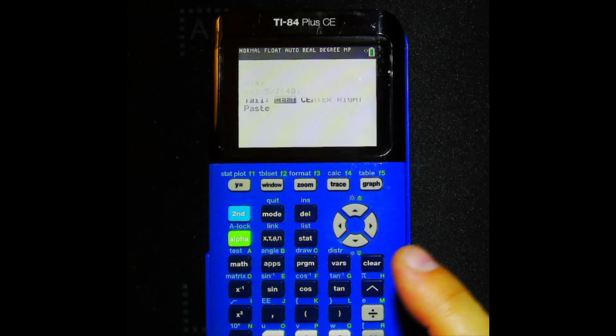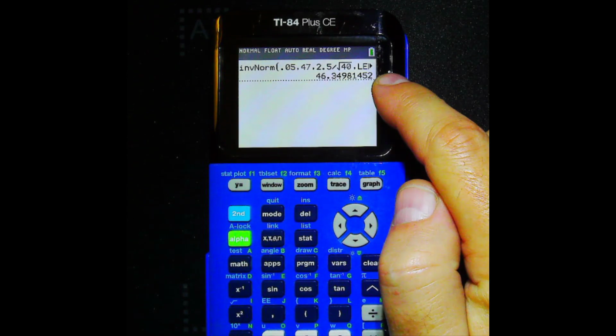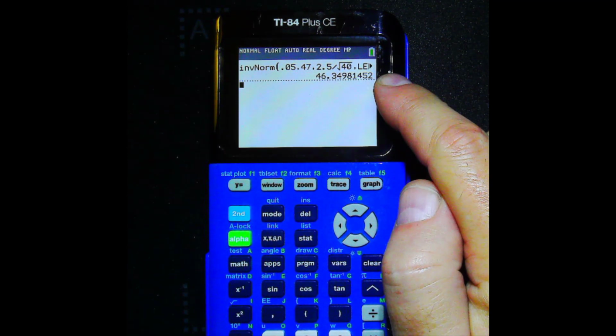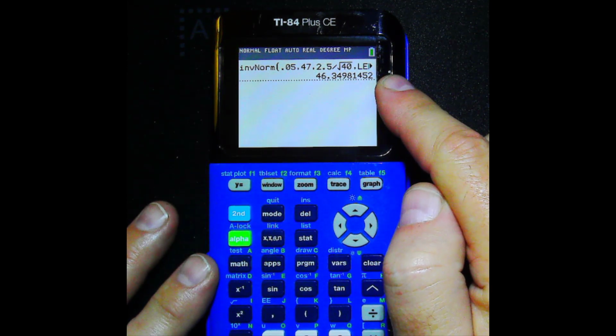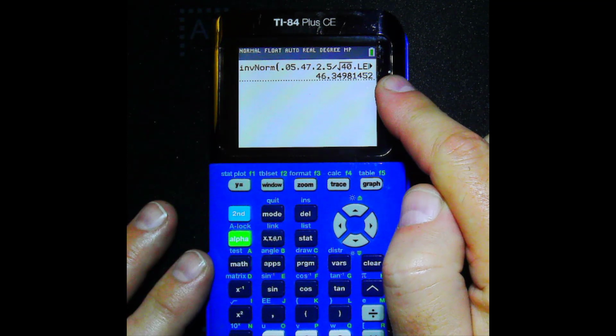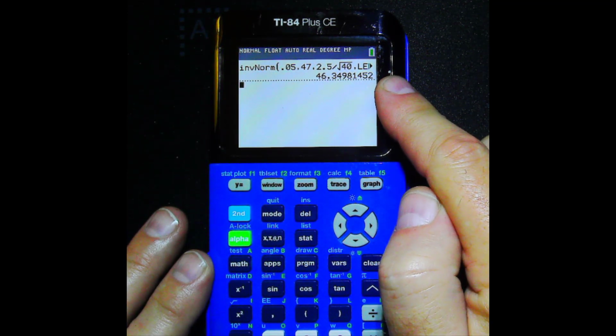This is a left-tailed test, and so we get a critical value of 46.3, slightly less than 47, which was the null hypothesis mean. Any sample mean that we get that is less than 46.3 will cause us to reject the null hypothesis.